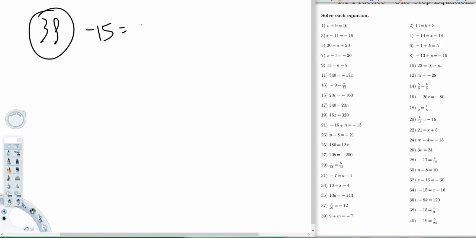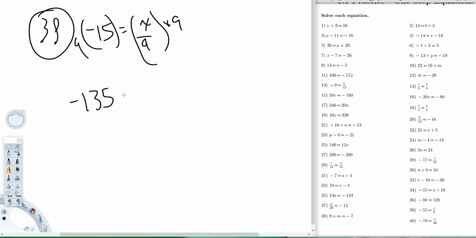Negative 15 equals x over 9. So anything divided by a number, if you multiply by that number on both sides, so 9 times negative 15 equals negative 135. By multiplying this by 9, this 9 and this 9, because this is really 9 over 1, you cancel and you're left with x.